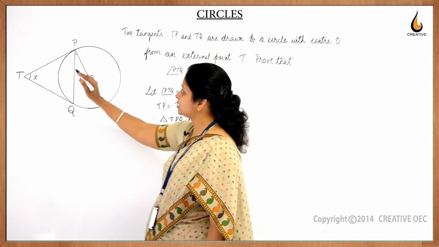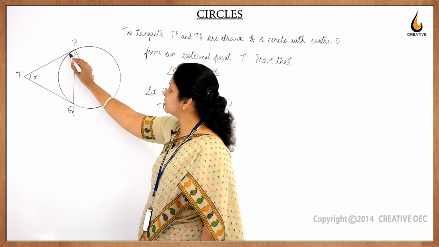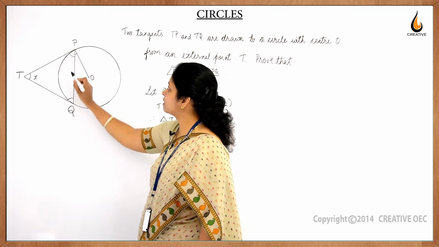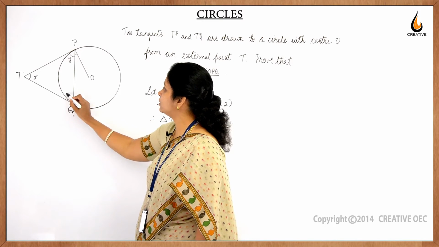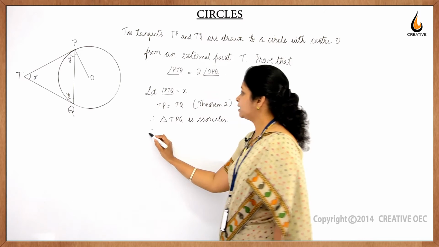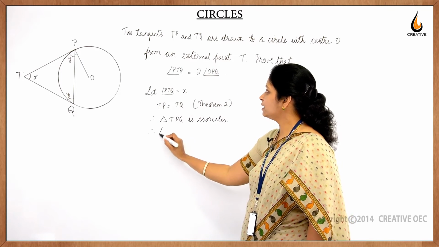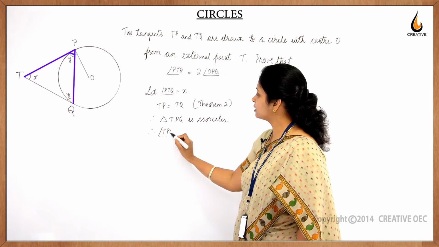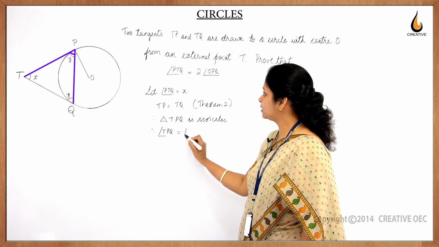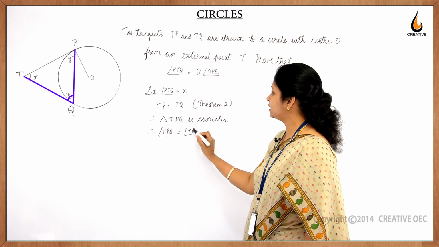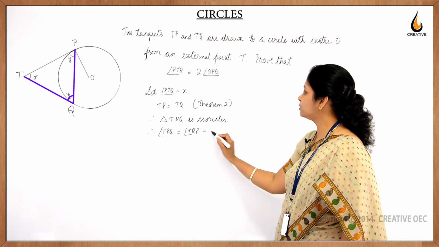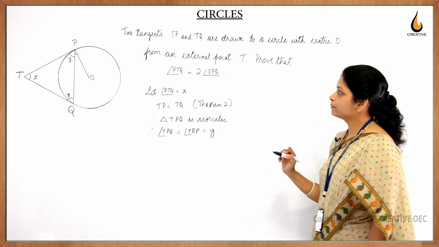If these two sides are equal, then these two angles also will be equal. This and this, we will call them y. Therefore, angle TPQ is equal to angle TQP, and both of them we will call y.